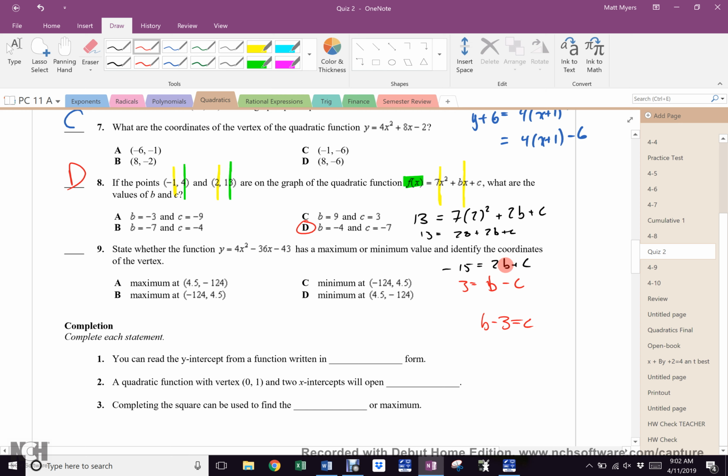Okay, so right there's a c, yeah? Yeah, but then I just looked at the options and saw which one was b minus 3 equals c. Was that just like happened to work out this time, or? I'm sorry. What did you do when you got to there? I just looked at the options and I just looked at which b minus 3 equals c. Oh.